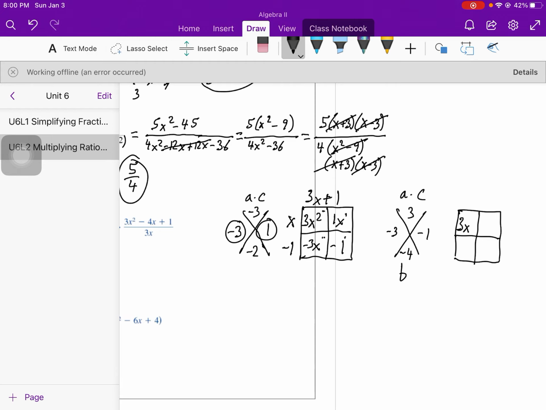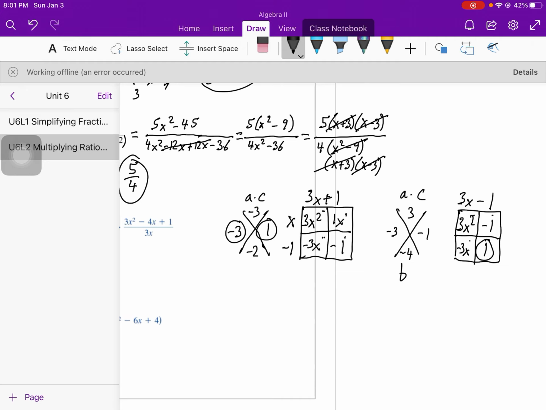We get 3x squared, 1, negative 3x, and negative 1. Now we do have to be careful because notice this is a positive one, but both of these are negatives, which means that we're going to get a minus sign both times. So 3x squared and negative 3x, we can take out a 3x, and then negative 1 and 1, we can only take out a 1. But like I said, we're going to have a minus sign for both of these.